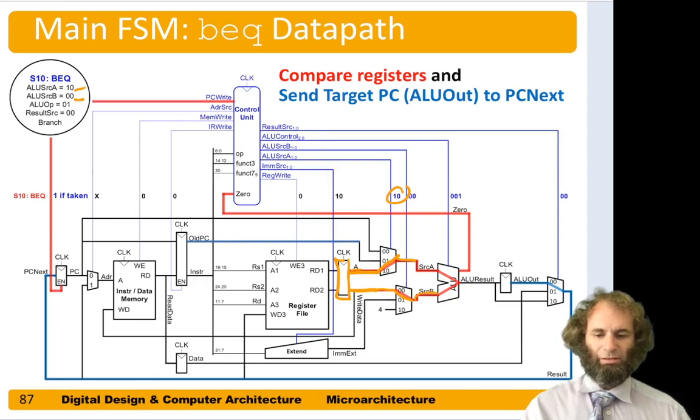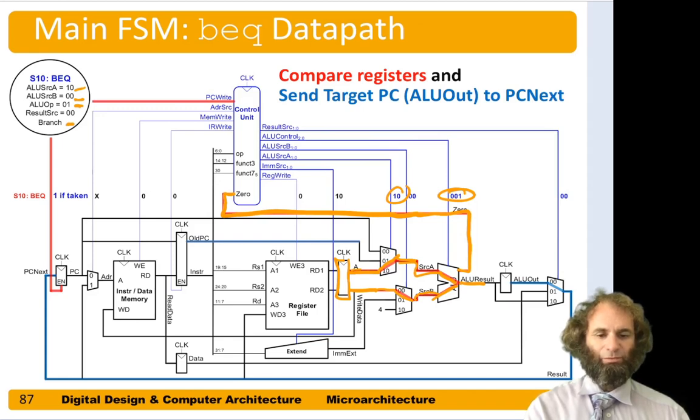Bring those to the ALU. Need to tell the ALU to subtract. So ALU op should be 0, 1, which makes ALU control 0, 0, 1, which makes a subtraction take place. The ALU computes the result that we don't actually care about, but it also produces the 0 flag that we do care about. That 0 flag goes back to the controller, and we assert the branch signal.